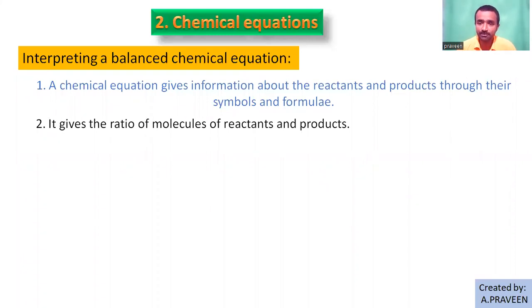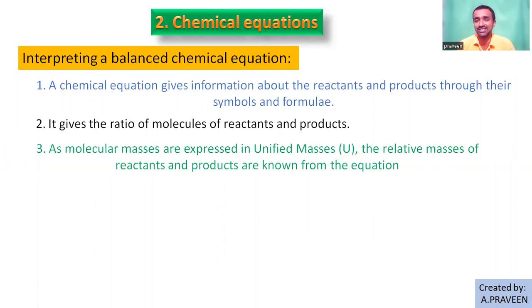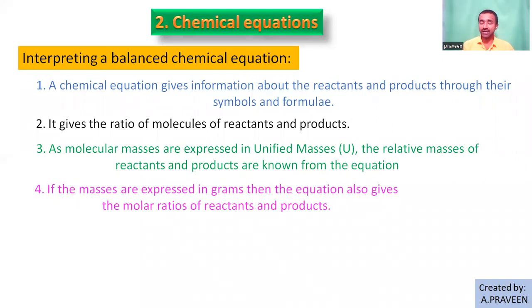So here, simply, if you are expressing the masses of the substances as unified masses, that gives you the relation between the masses. Not only the masses, you are also able to read the molecular masses and moles using their compositions. Molar masses you are able to refer to, if those masses are expressed in grams.